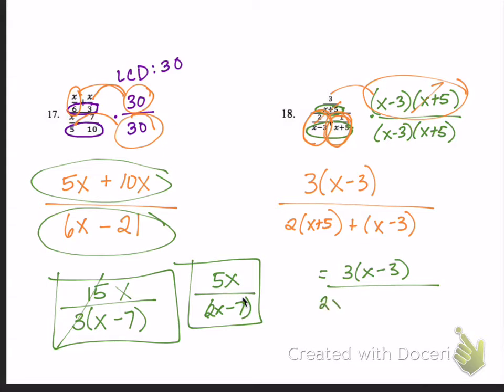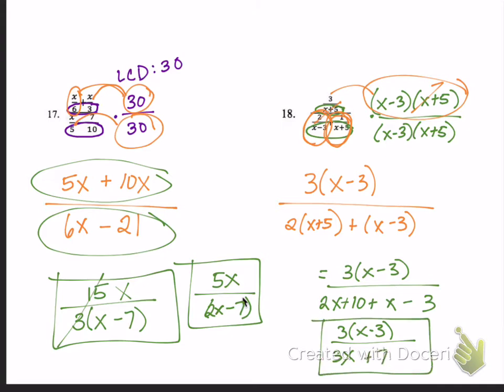So 2x plus 10 plus x minus 3. And then I combine like terms, so I'm left with 3x minus 3 over 3x plus 7. The x minus 3's don't cancel because they're not factors, they're just terms.